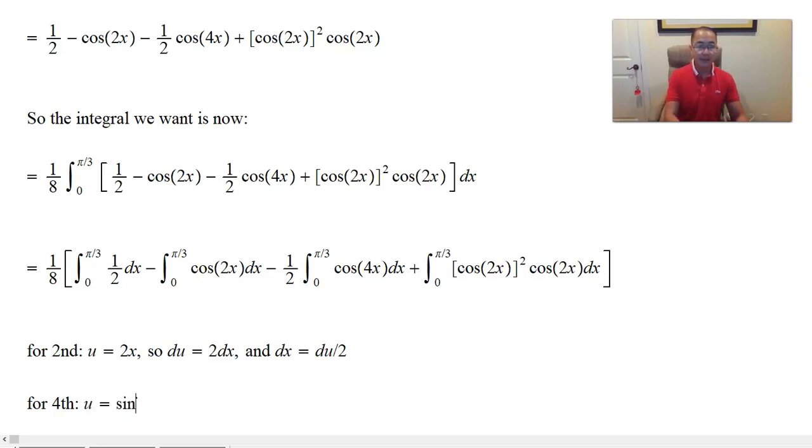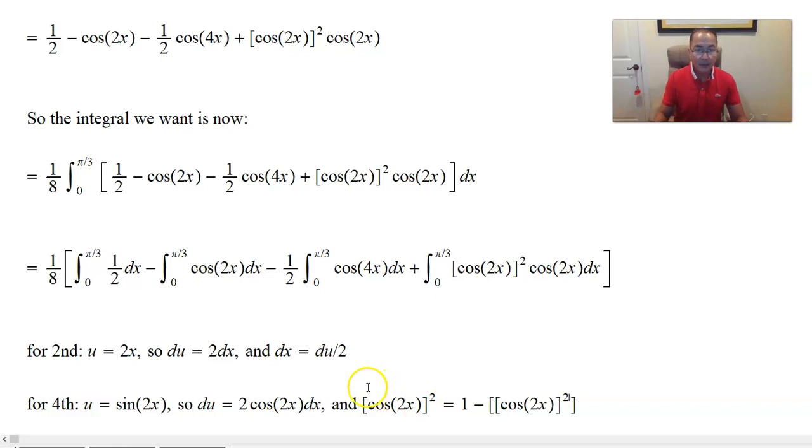So for the fourth, u will be sine 2x. So du is 2 cosine 2x dx. And cosine 2x squared is 1 minus sine of 2x squared. So let's put that step in. We need sine of 2x squared, let's put the square outside.